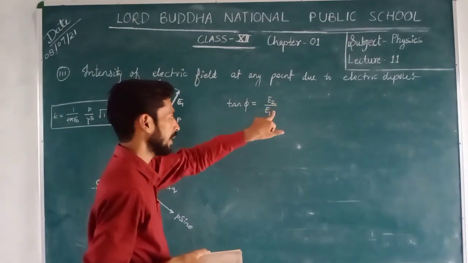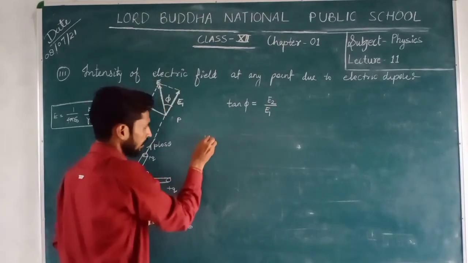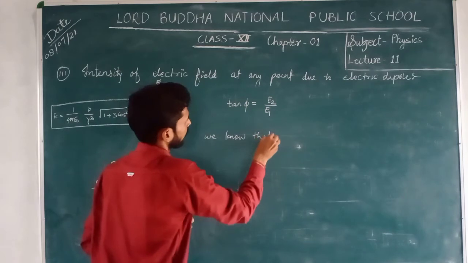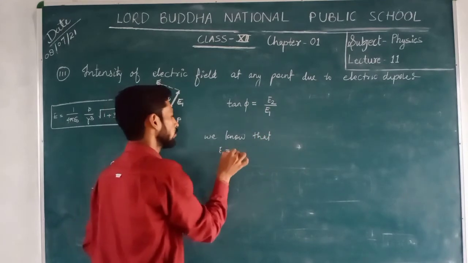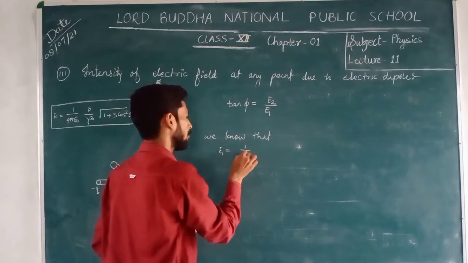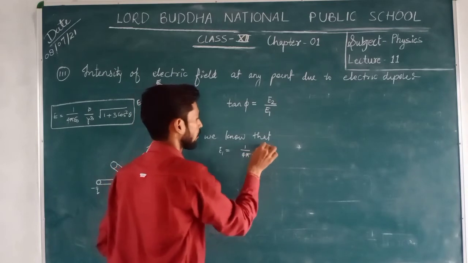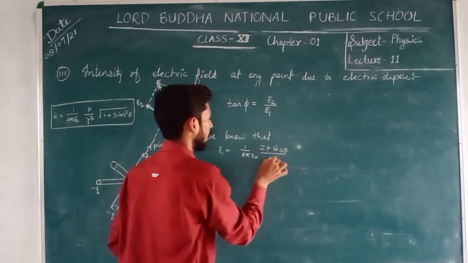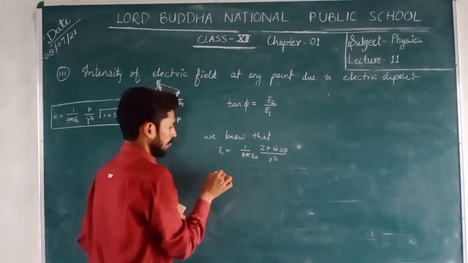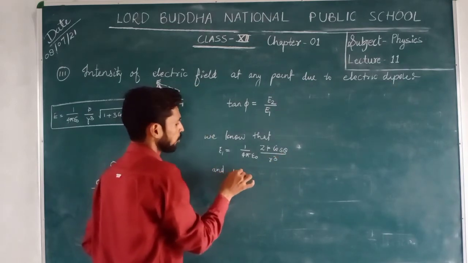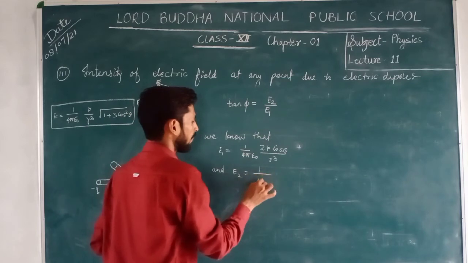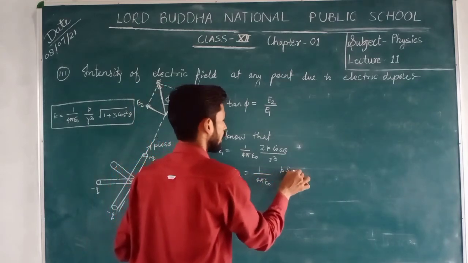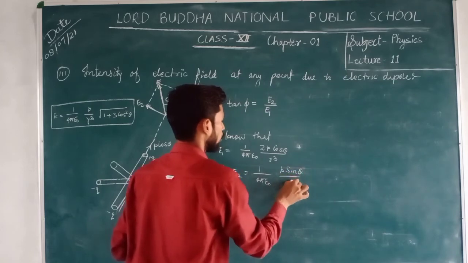And what is E2 and E1? We know that E1 equals to 1 upon 4 pi epsilon naught 2p cos theta upon r cube, and E2 equals to 1 upon 4 pi epsilon naught p sin theta upon r cube.